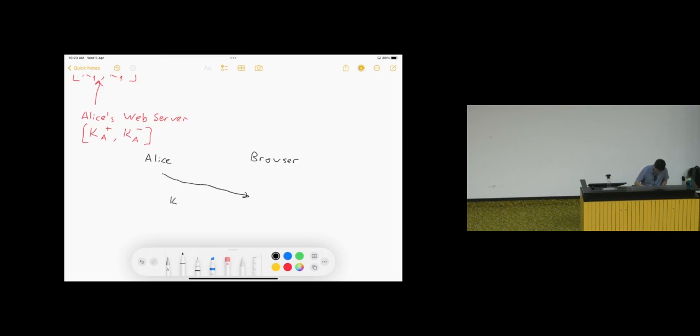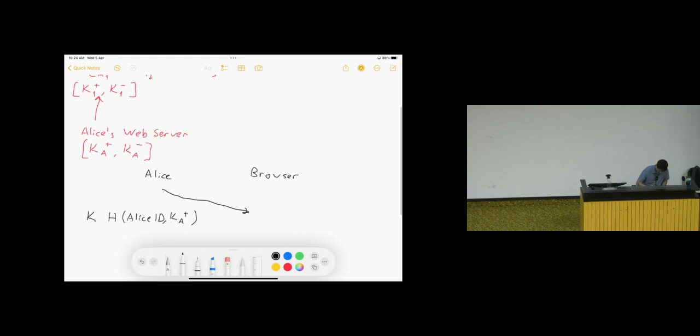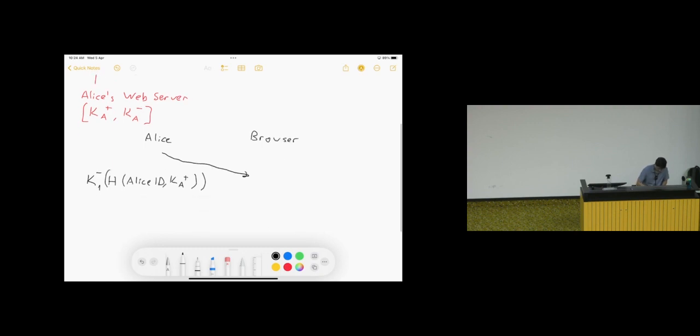She will send you her public key and her ID together, signed by K1. Oops, that is K1 minus. In other words, this is the certificate of Alice, certified by CA1.